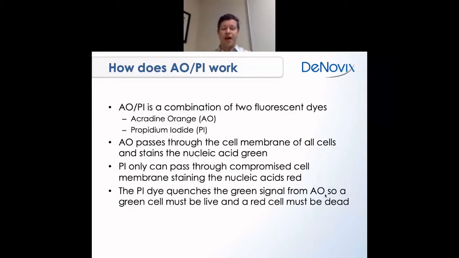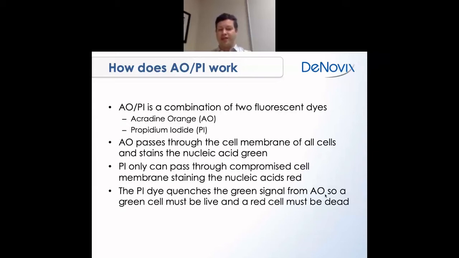And AO passes through the membrane of all cells, and it stains the nucleic acids in that cell green. They fluoresce green. PI can only pass through the membrane of a compromised cell, and that stains all the nucleic acids in that cell red.